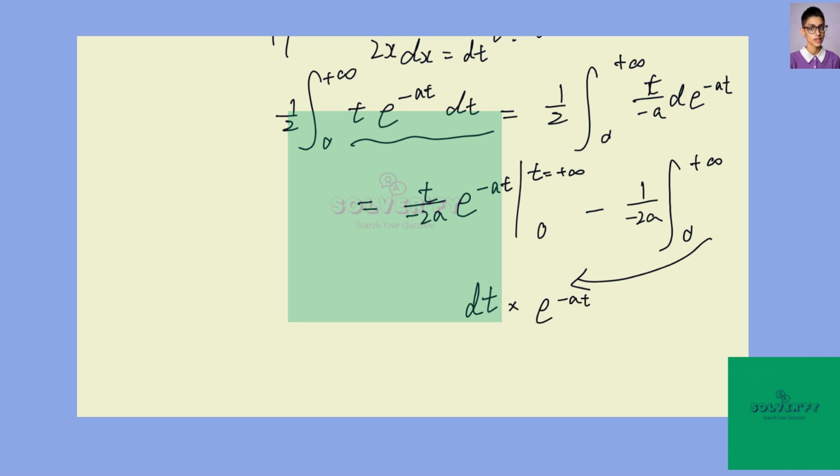This is the so-called integration by parts. Notice the first term is 0 because when t approaches positive infinity, this term goes to 0, and it goes to 0 tremendously. When t is equal to 0, it is just 0.